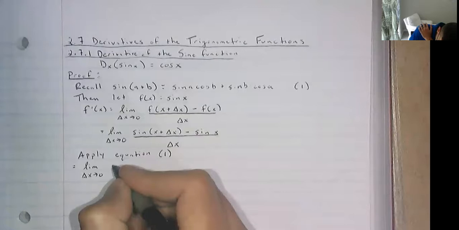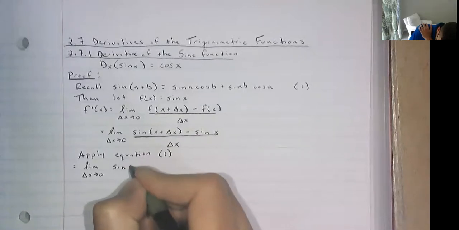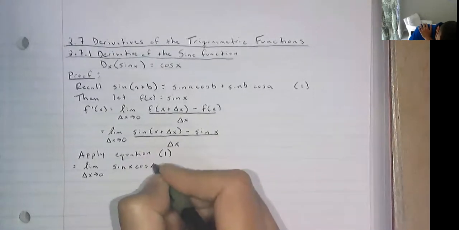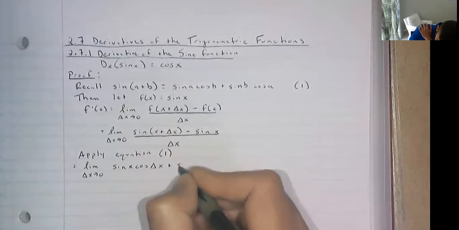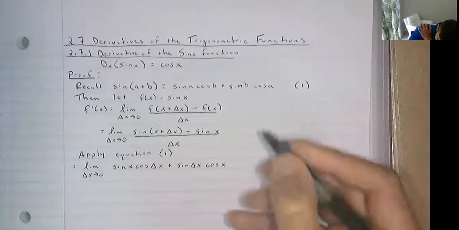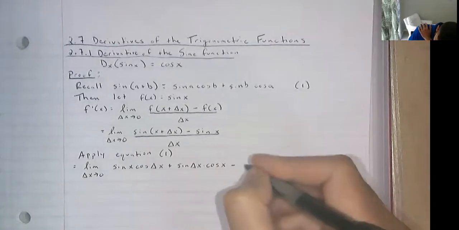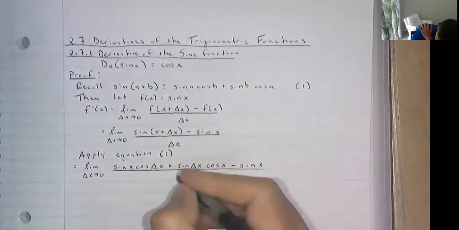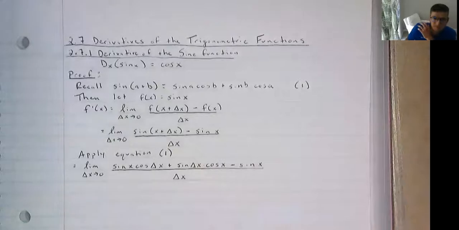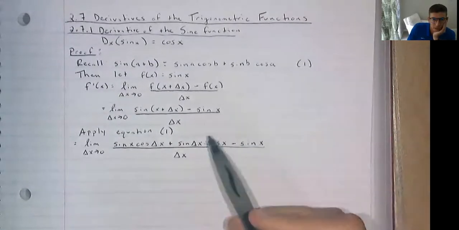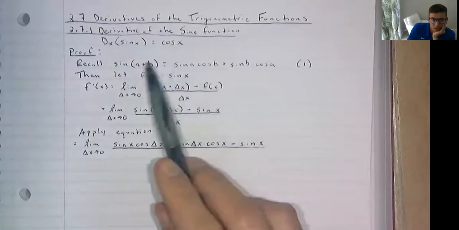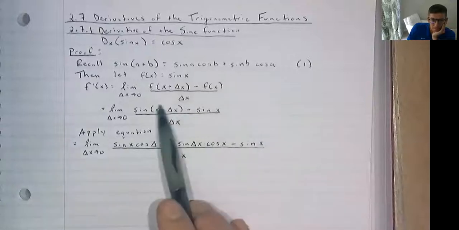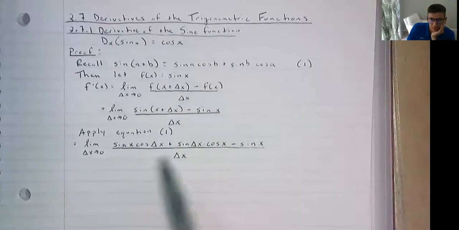This will become the sine of x times the cosine of delta x plus the sine of delta x times the cosine of x, all still minus the sine of x, and still dividing by delta x. Okay. So the move from here to here is just an application of this identity. Sine of x plus delta x becomes that sum.